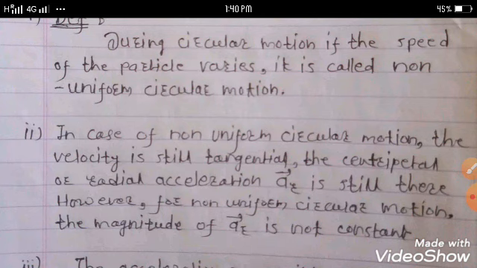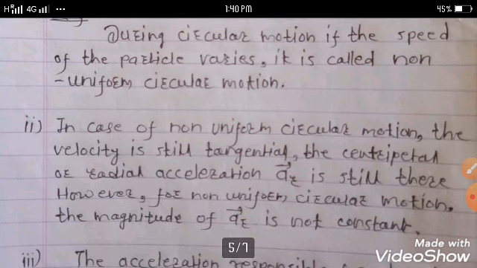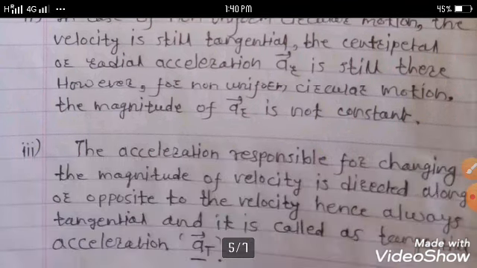In case of non-uniform circular motion, the velocity is still tangential. The centripetal or radial acceleration a_r bar is still there. However, for non-uniform circular motion, the magnitude of a_r is not a constant.